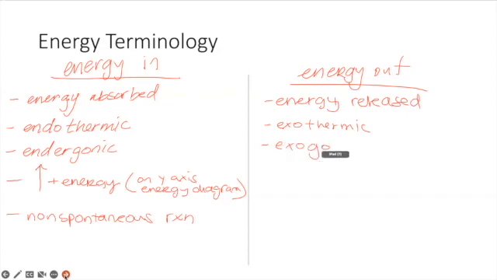Sometimes we also call it exergonic. I always say this word wrong and spell it wrong. Exergonic. It's associated with the negative energy on the y-axis of the energy diagram, right?